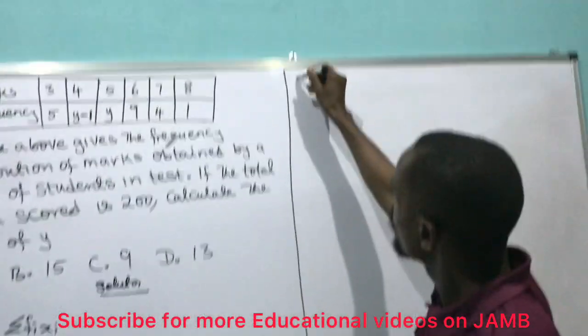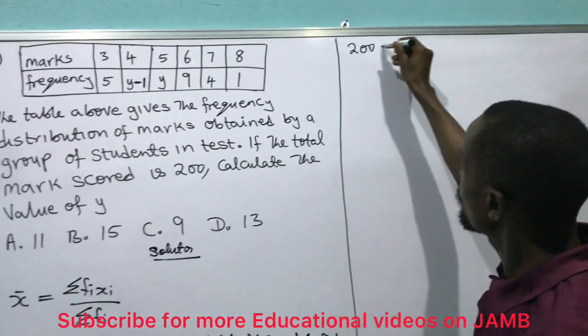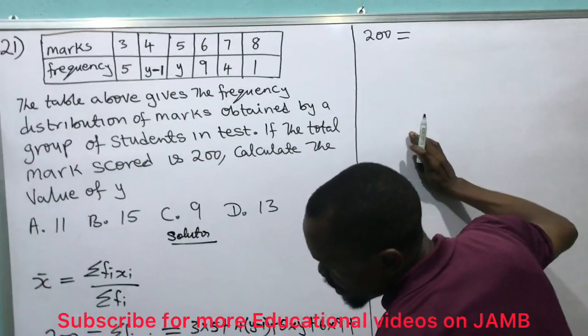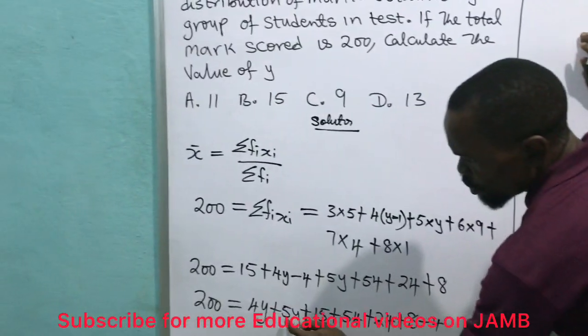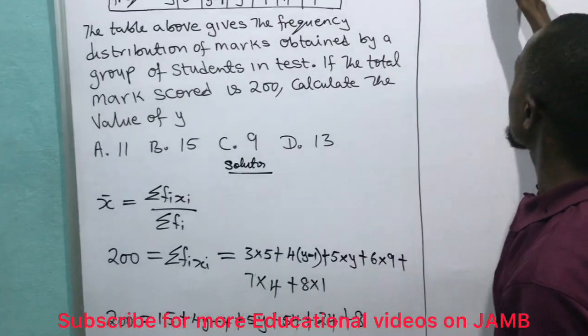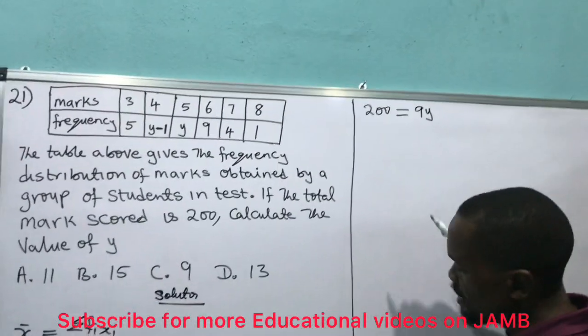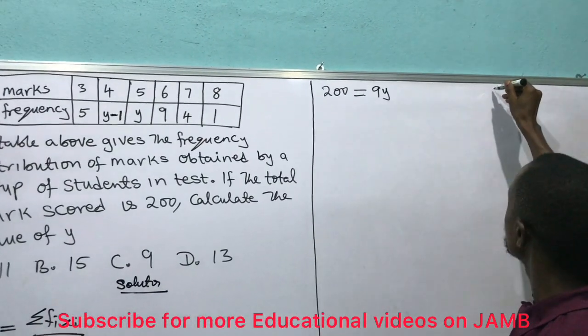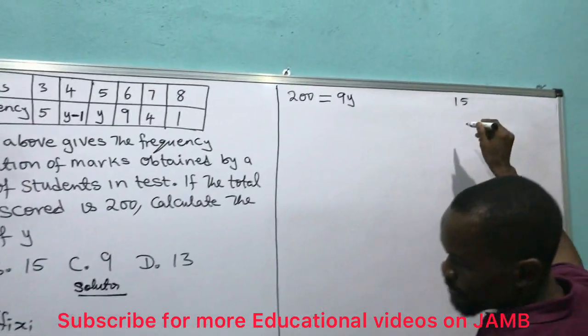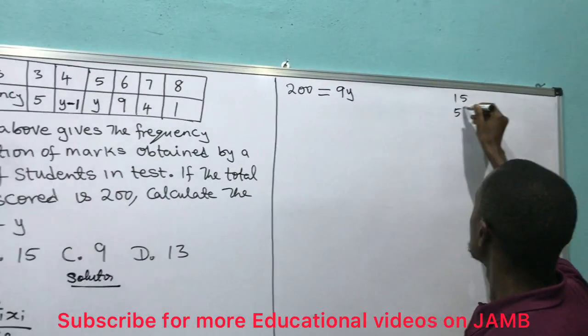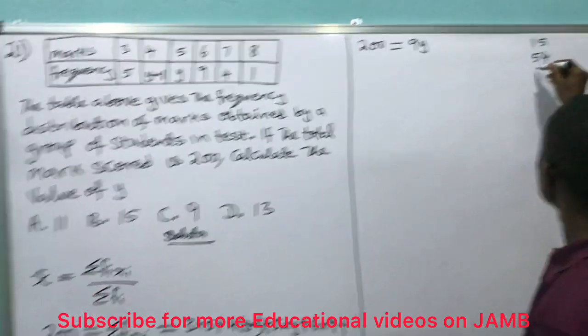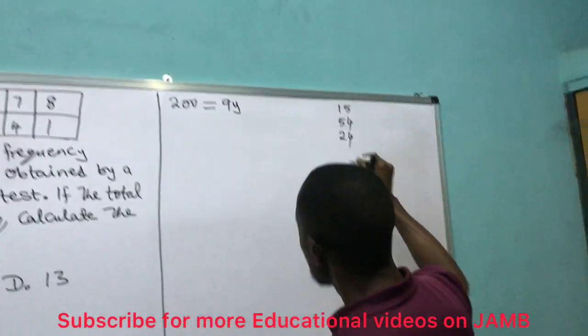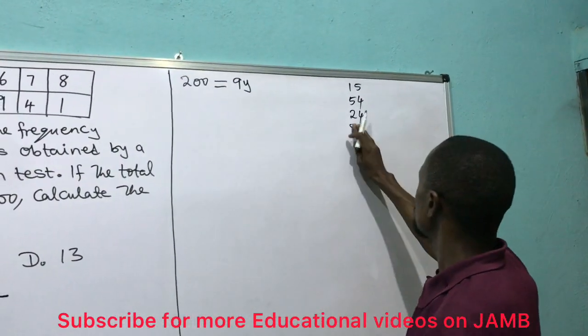I have 200 equals to 4y plus 5y, which will give me 9y. Then the numbers we have there: 15 plus 54 plus 24 plus 8.